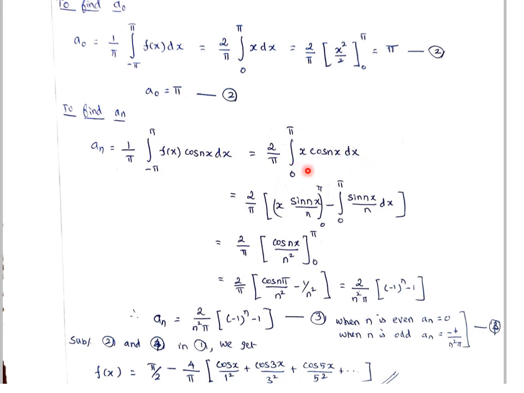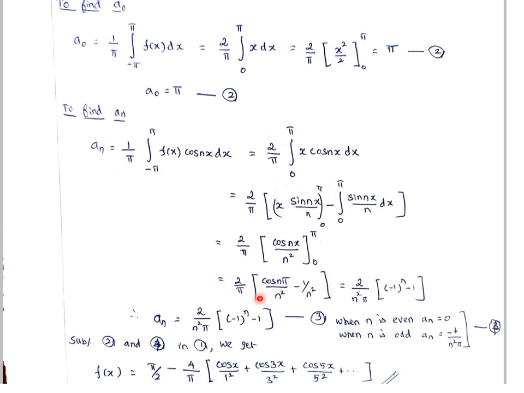Next, as usual, by applying the UV method, we can integrate this, and after substituting the limits, we will get 2 by pi [cos n pi by n square minus 1 by n square], since cos 0 gives 1. Next, what is cos n pi? That is equal to minus 1 whole to the power of n.